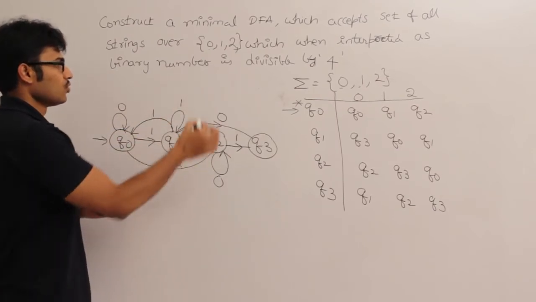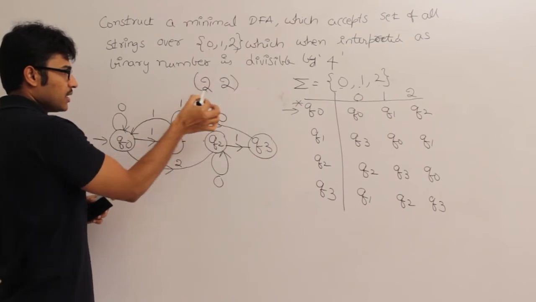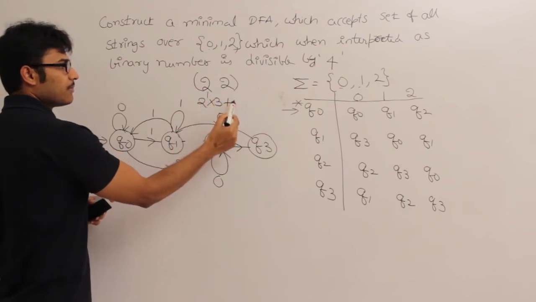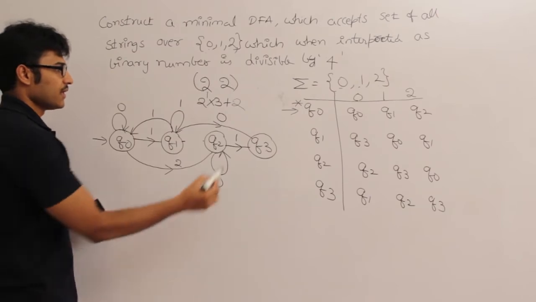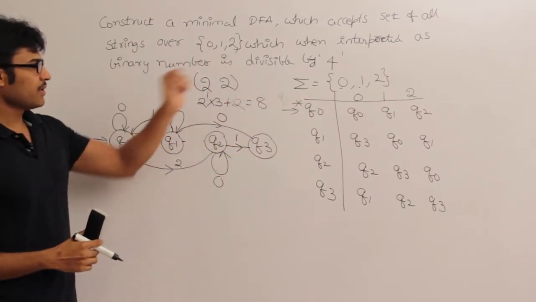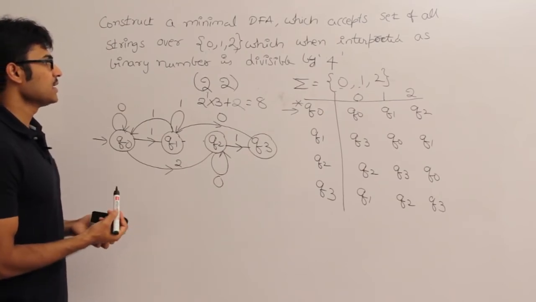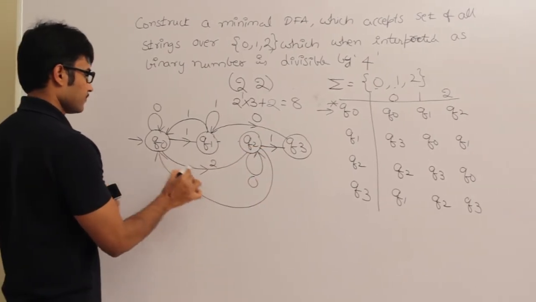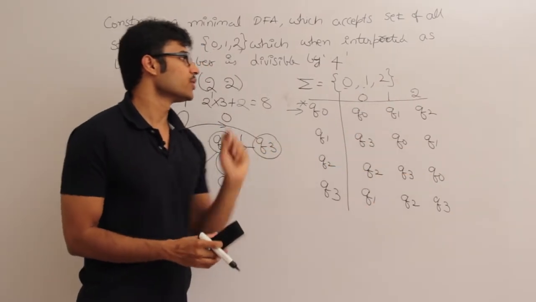Now if in Q2, which means I have seen 2, I see a 2, then it is going to be 2 into 3 plus 2, which is nothing but 8. So 8 when divided by 4 is going to give a remainder of 0. Therefore on seeing 2, I have to go to Q0.